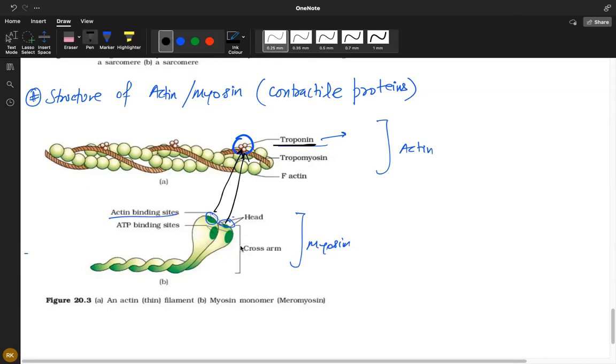So this is about the actin. This part is clear. Tropomyosin, F-actin, everything is clear about this filament.